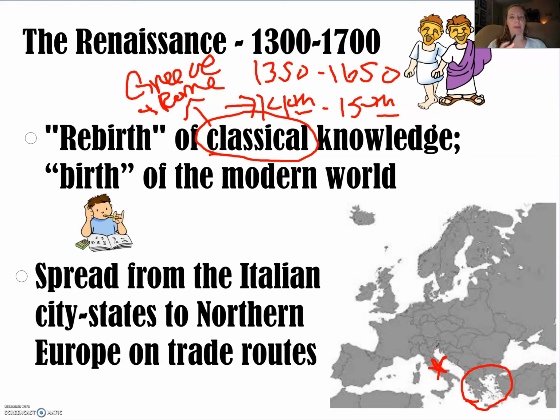But it's also about their artistic styles and the philosophy of the Greeks and the Romans, the astronomy of the Greeks and the Romans. There's a renewed sense of purpose and a renewed interest in their science and their medicine and all of it. It's also, as I said, the birth of the modern world.